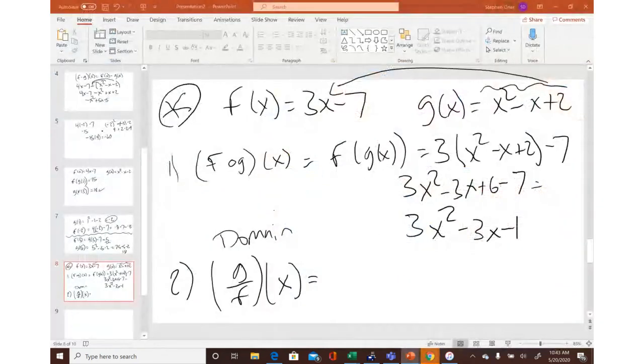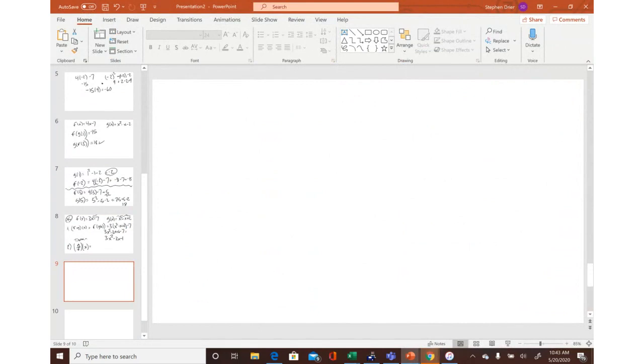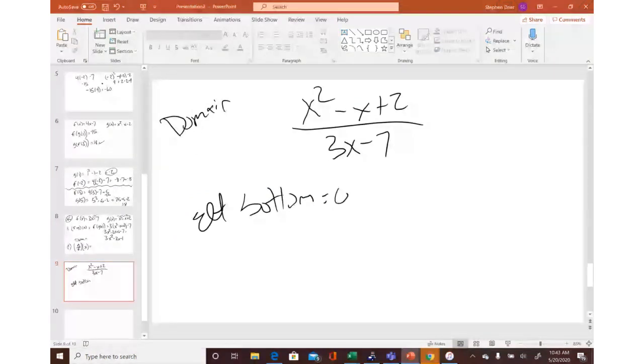All right. So how do you find the domain of G divided by F? What you're going to do here is take G, x squared minus x plus 2, and put it over top of F, which is 3x minus 7. Now to find the domain, you're going to set the bottom equal to 0.